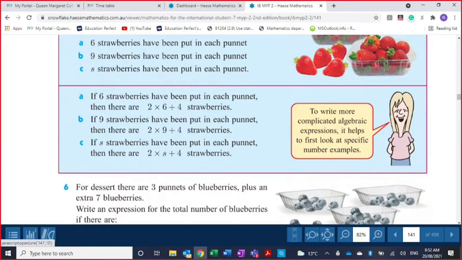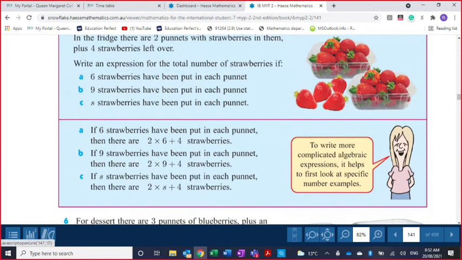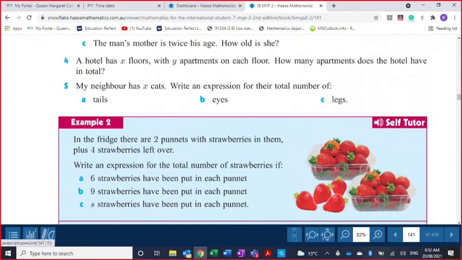Here we have, so we're going to look at a few expressions where you have more than one operation. In the fridge, there are 2 punnets with strawberries in them, plus 4 strawberries left over. So you see they've drawn a little picture there. Write an expression for the total number of strawberries if there are 6 strawberries in each punnet. So 6 per punnet means that there are 6 in this one, right?